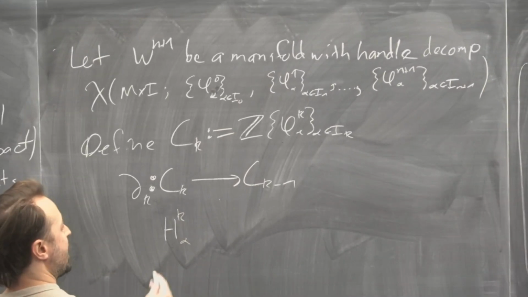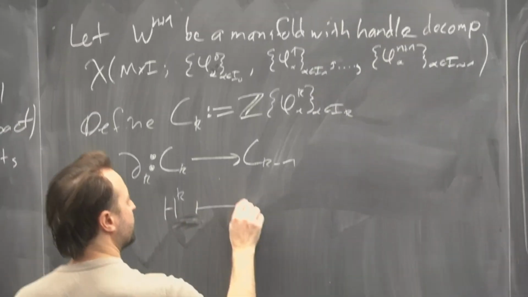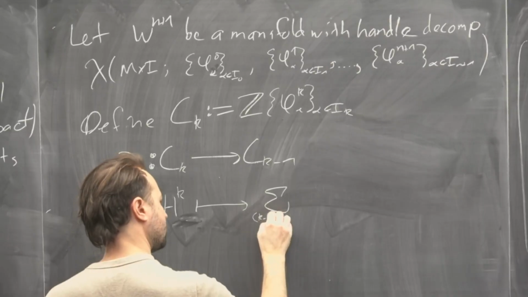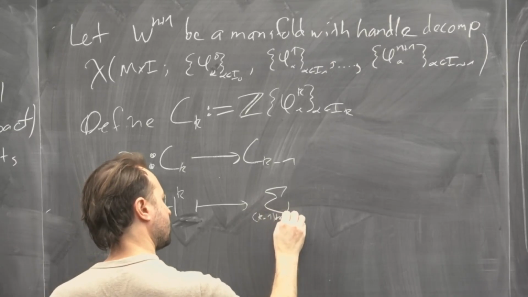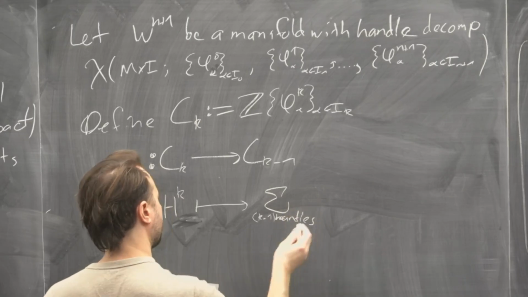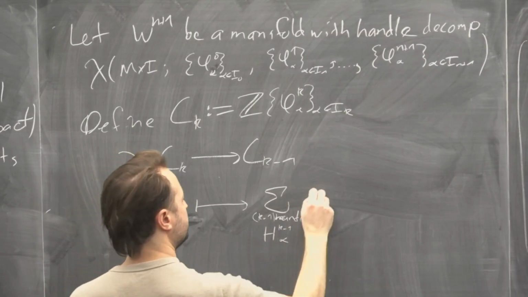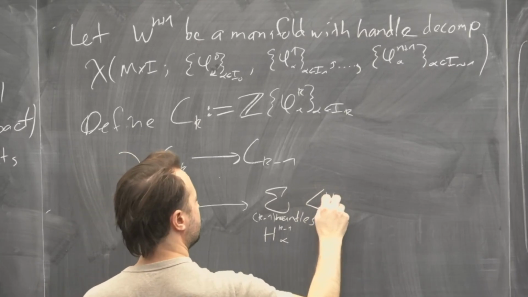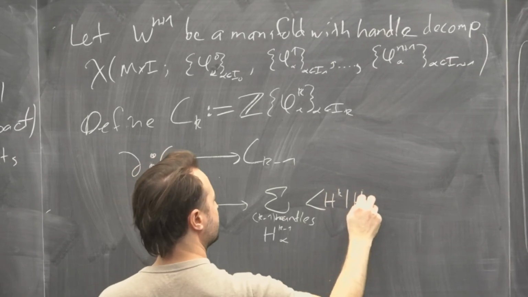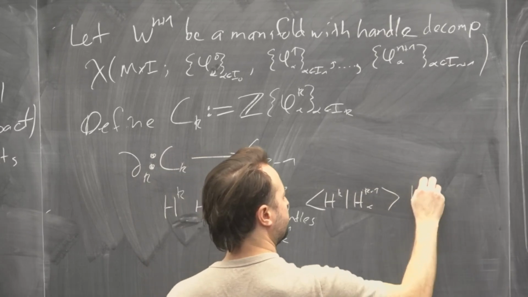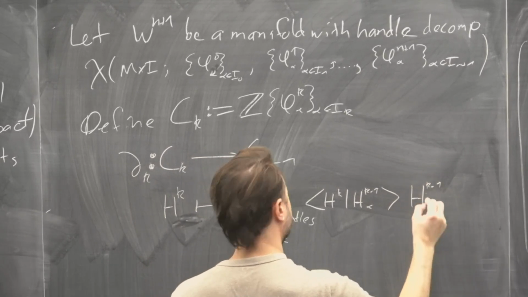We take a handle of degree K and send it to the sum over all K minus 1 handles, and you take the incidence number, I forgot to mention, that's what it's called, in front of the handles.